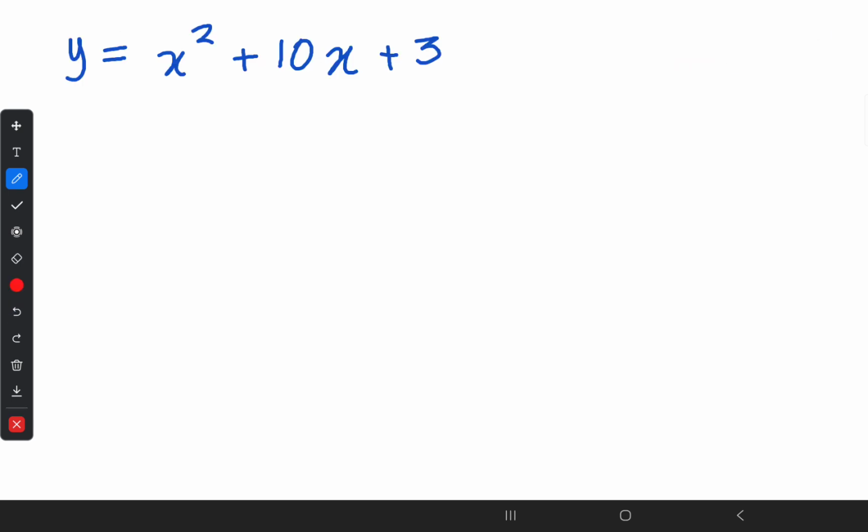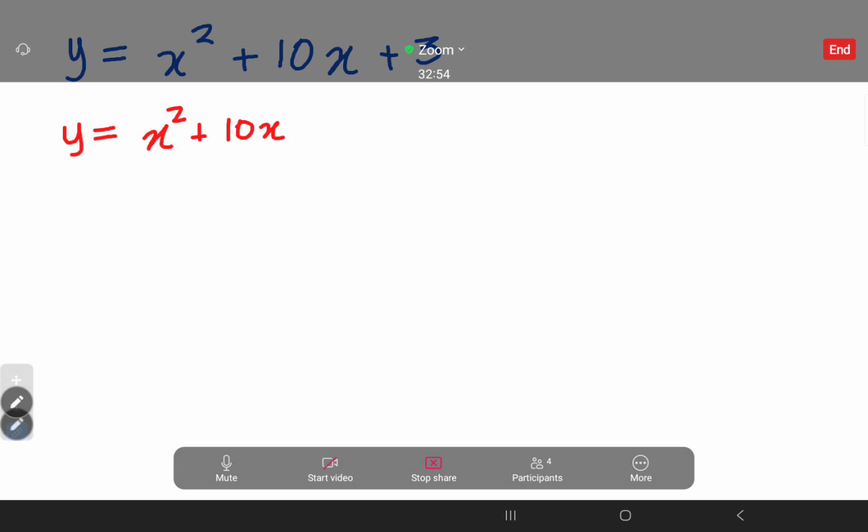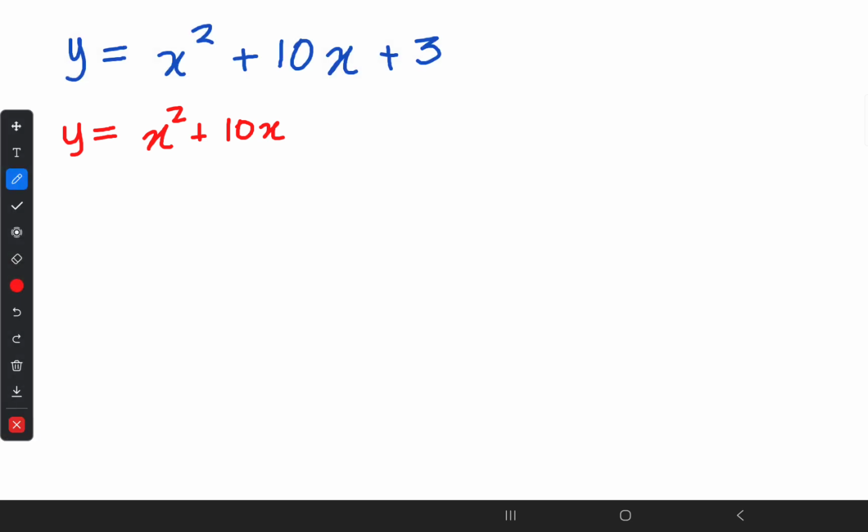So in the question, initially the coefficient of x square is already positive 1, so you can directly write it, and the coefficient of x as well. Thereafter we need to add the third constant. For that, half of the x coefficient square.